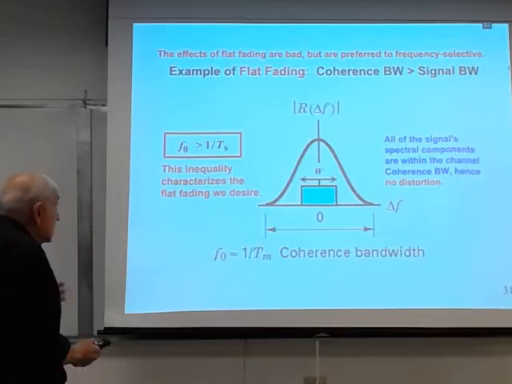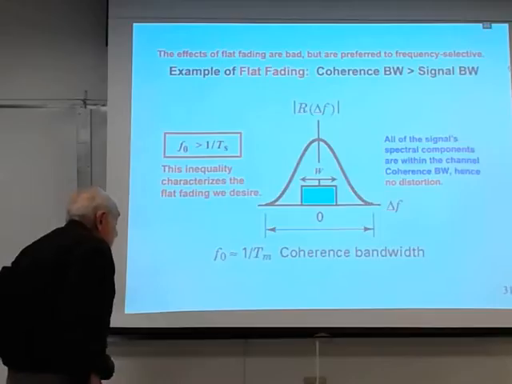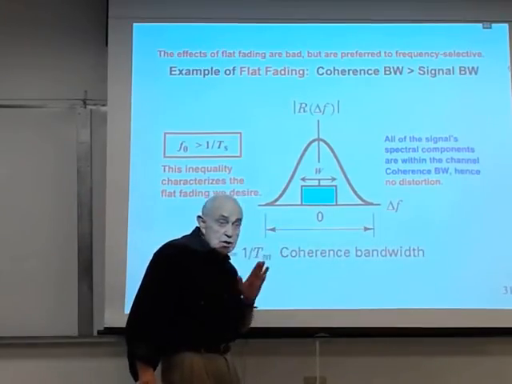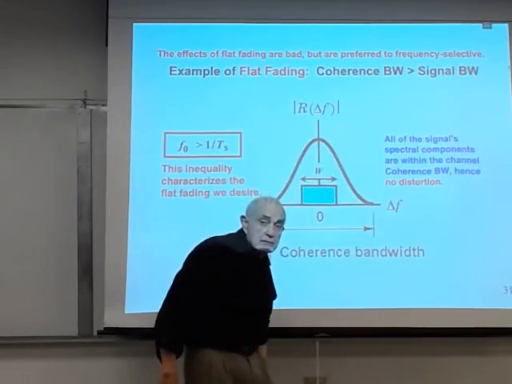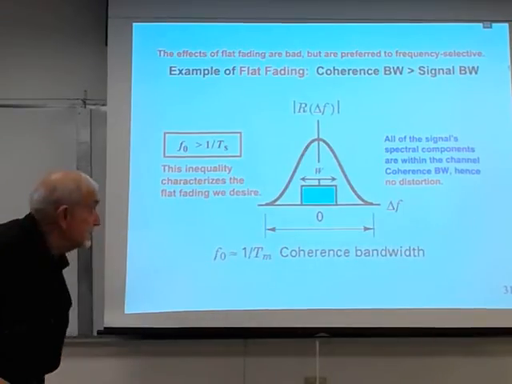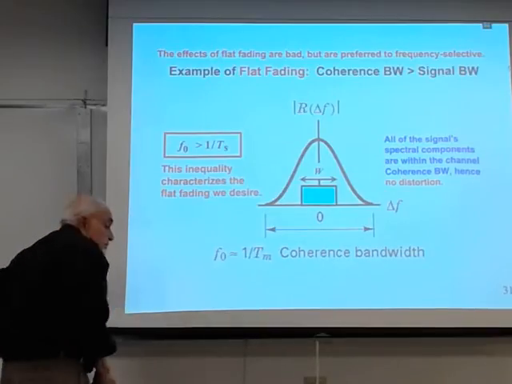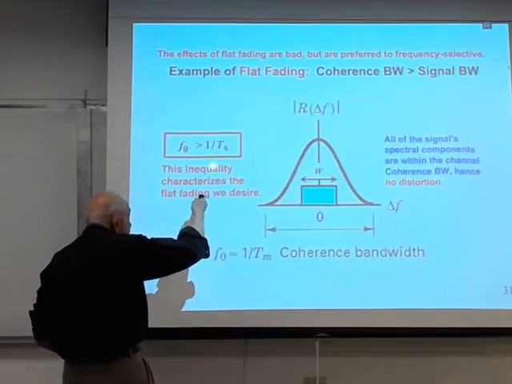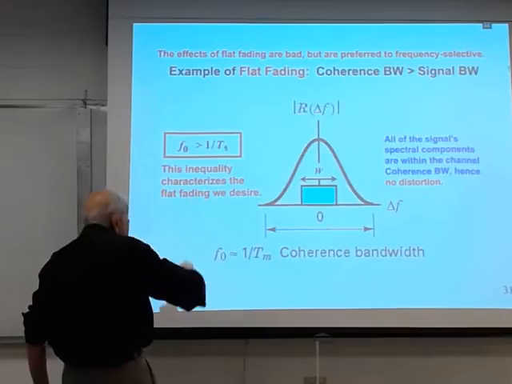And now let's also look at that coherence bandwidth, but this time with regard to a much smaller bandwidth signal. Your signal falls well within that coherence bandwidth. And when it falls well within that bandwidth, that's the case where f sub 0 is greater than the signaling speed or the bandwidth. Remember, this is bandwidth, this is bandwidth.